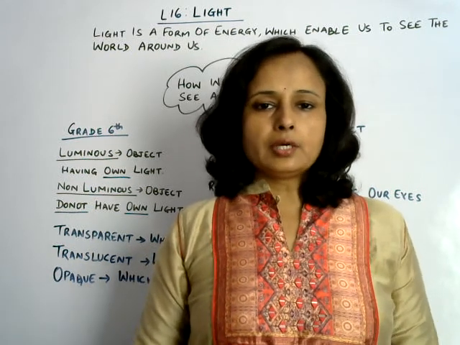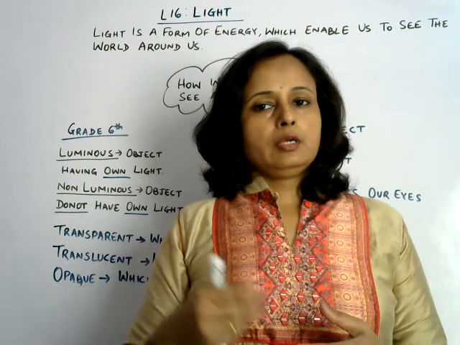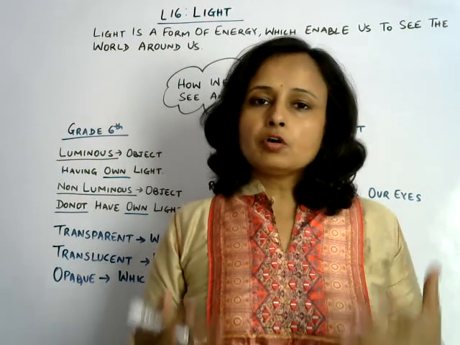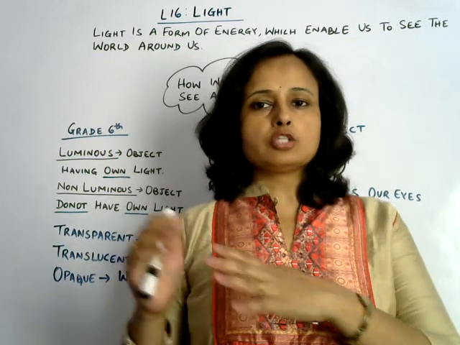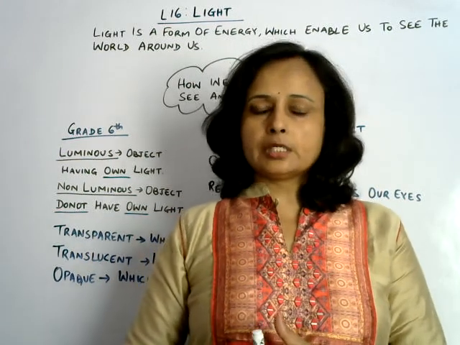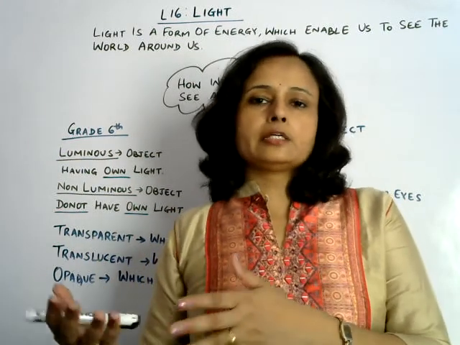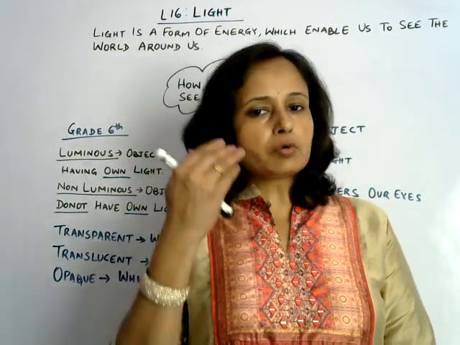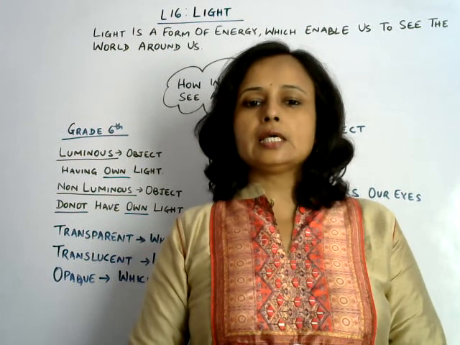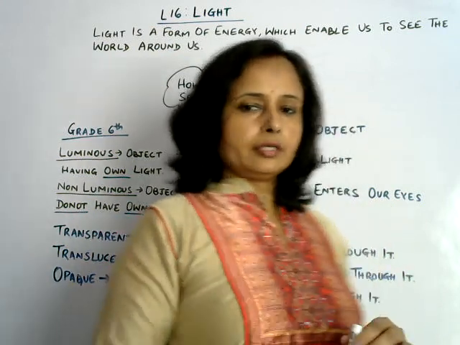Because there is no light. So even if we have eyes, we need light rays to fall on a particular object. Then that object reflects that light and the reflected rays come to our eyes. Then only we can see anything in our surrounding.